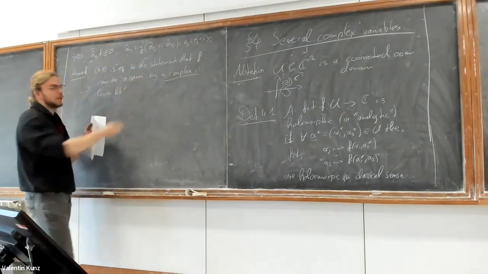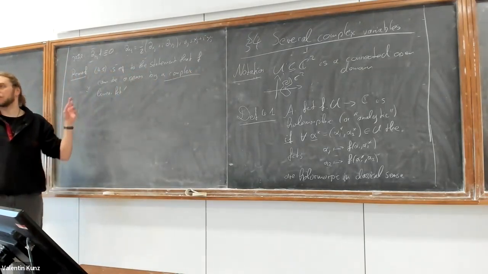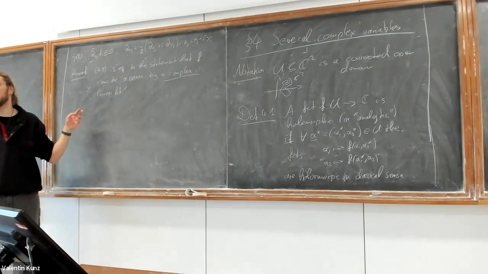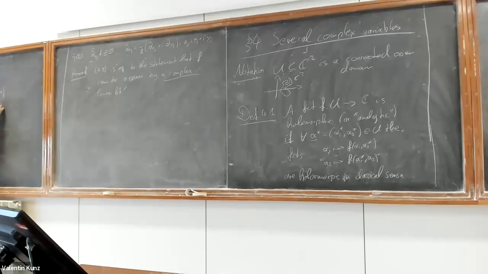Like this is in real analysis, why you can think of differentiability. You can write your function at one point like this: the function at this point plus the differential of this function plus some correction terms which you don't care about.